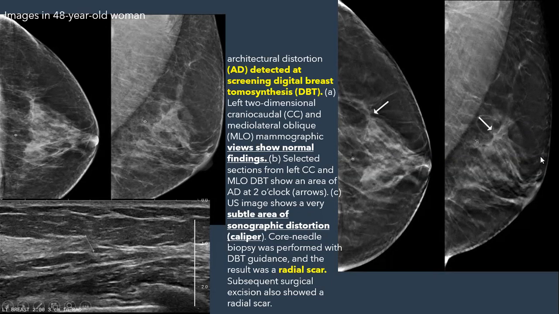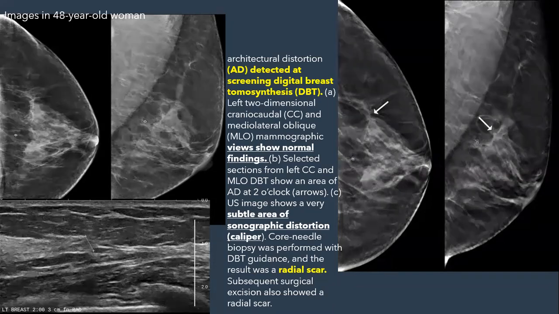But without seeing the abnormality on the 3D, definitely it will be passed as normal, and here they reported it as normal. But tomosynthesis demonstrates a subtle area of architectural distortion, and ultrasound demonstrates a very subtle area. The biopsy result was a radial scar.